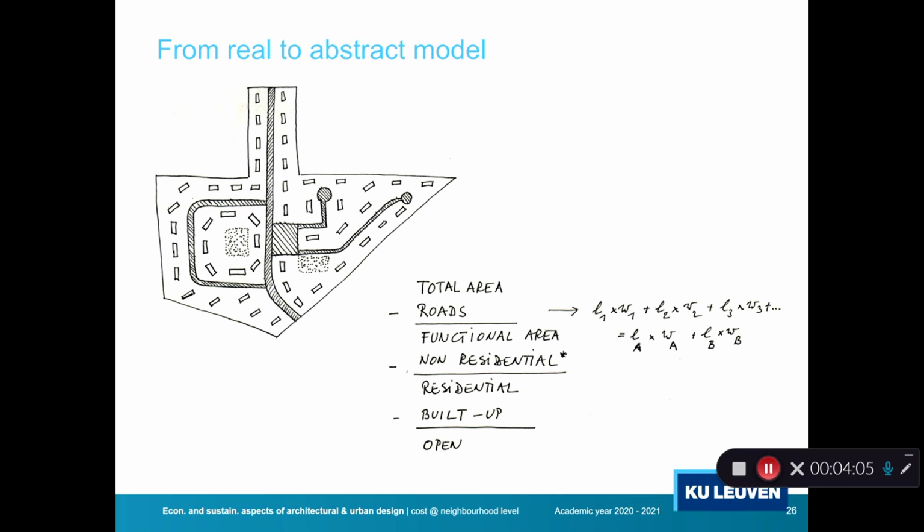The same for the roads. So you choose 2 types of roads, a smaller or more narrow one and a larger one, and then you calculate the length of the streets for the full area of the building to translate these to the simplified model.